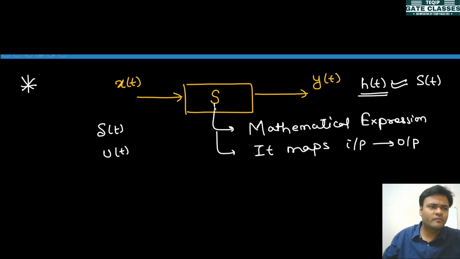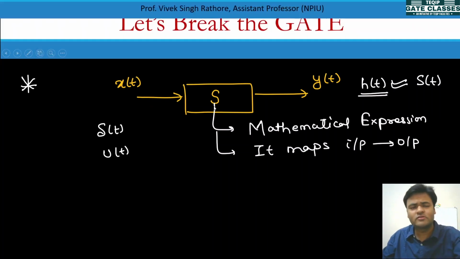So we can classify systems on the basis of this also, and on the basis of transfer function also. Transfer function is the ratio of output by input keeping all initial conditions 0. And we can state our systems in terms of state variables also. So systems can be defined in many ways.